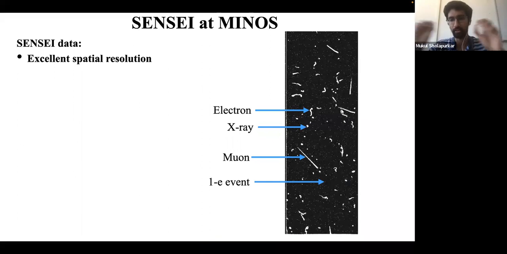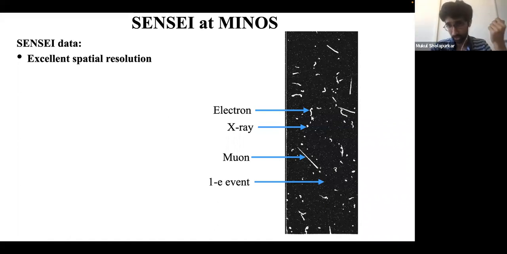These are nothing but hundreds and thousands of secondary electrons that are measured by SENSEI that are ejected by the high energy background that is coming in. For example, this white track is nothing but a high energy muon that is passing through the detector during runtime, and on its way, it's creating hundreds and thousands of secondary electrons that SENSEI is measuring.